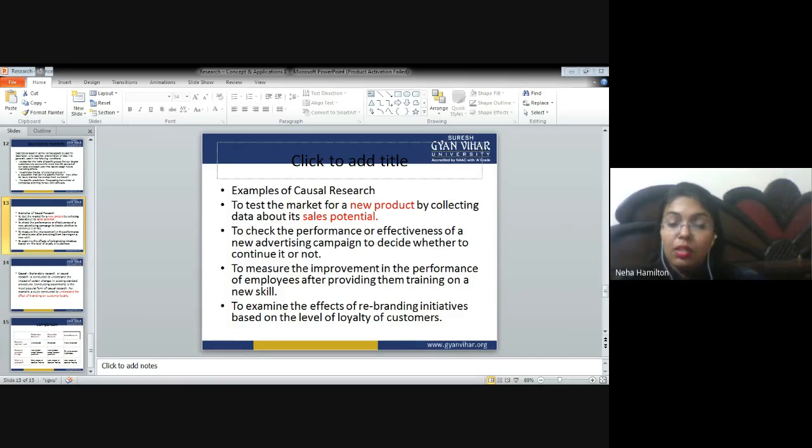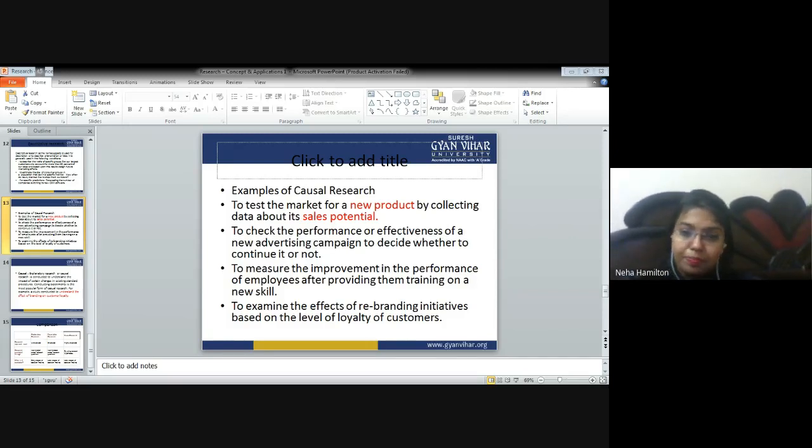For example, to test the market for a new product by collecting data about its sales potential. So, what are we studying? We are studying how the market is being impacted by this new product by watching the sales potential of that particular product. Another example is to check the performance or effectiveness of a new advertising campaign to decide whether to continue with it or not, right?